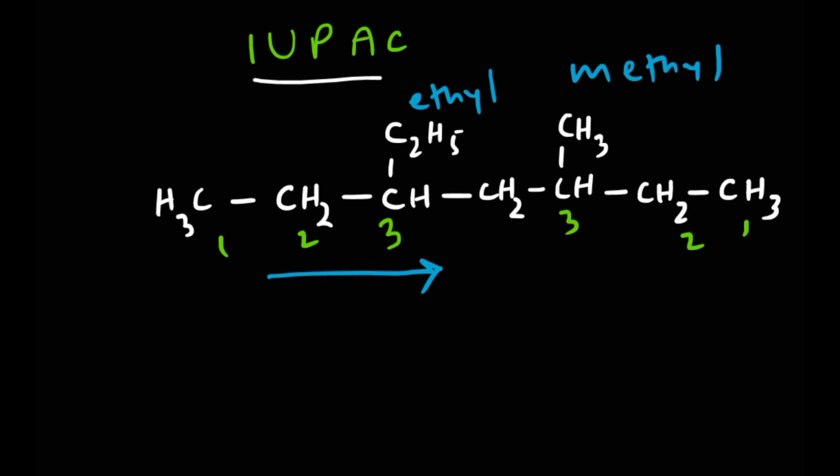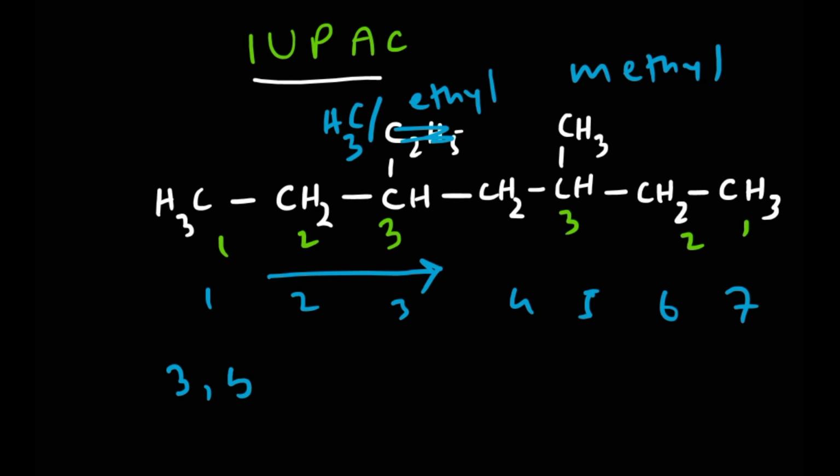Now if in place of ethyl, a methyl group is present here, then what happens? If it is methyl and not ethyl, then how do we name it? From here it is 1 2 3 4 5 6 7, so we should write 3,5-dimethyl.